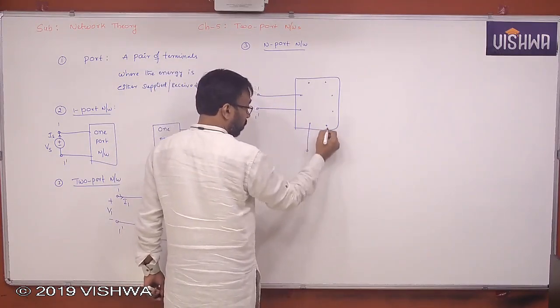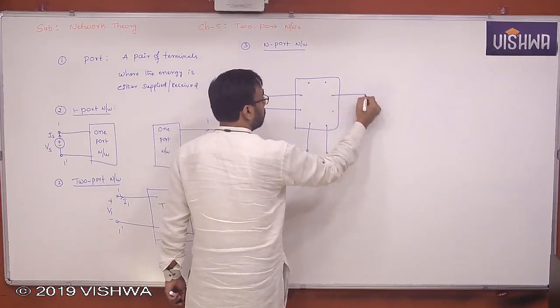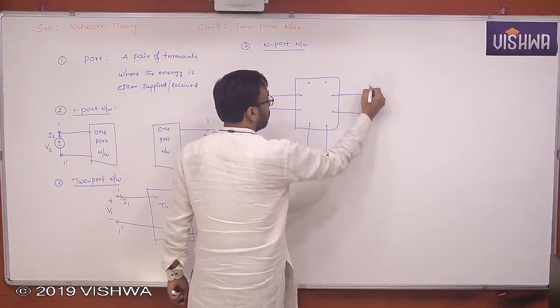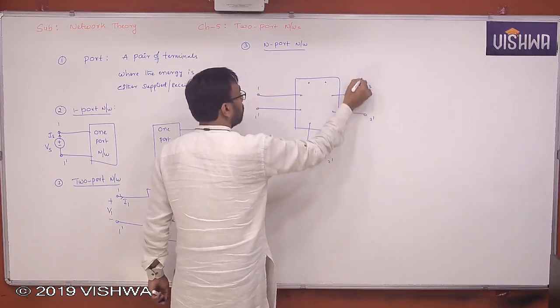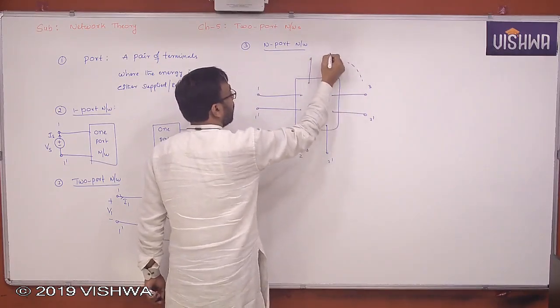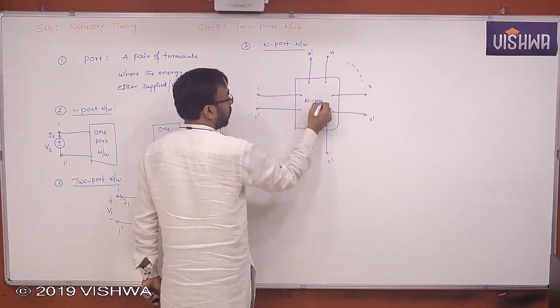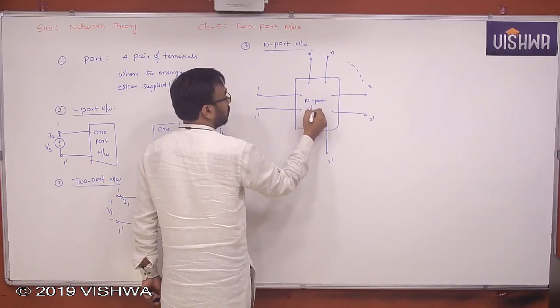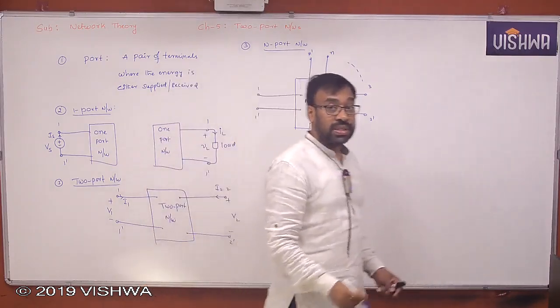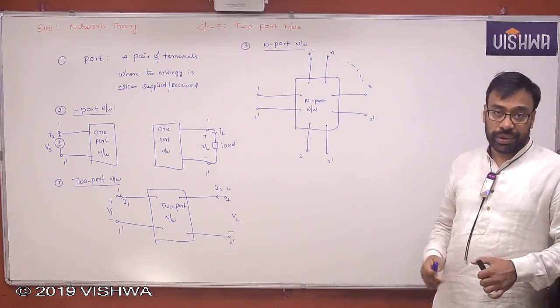This is the second port, 2, 2 dash. This is the third port, 3, 3 dash, and so on. This is N, N dash. So it is called an N-port network. So we have the one port network, two port network, and N port network.